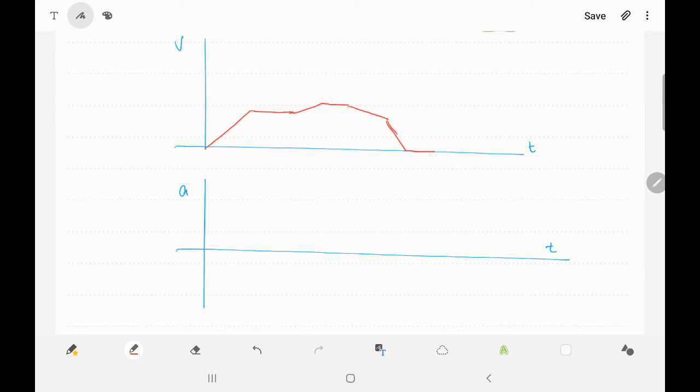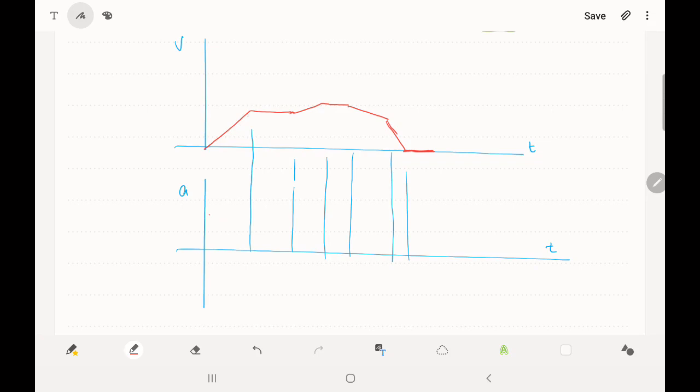Okay, so the velocity is 0 means you're stationary here. So let's see how this looks on the acceleration graph. So we will take some lines here to indicate these spaces.